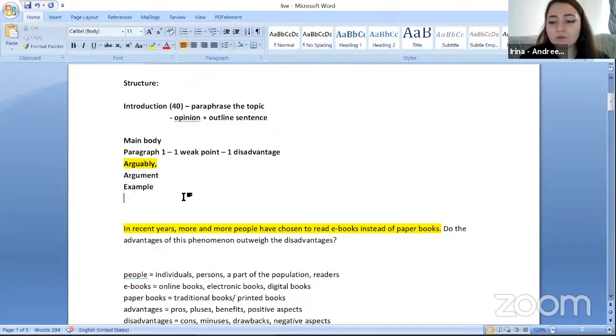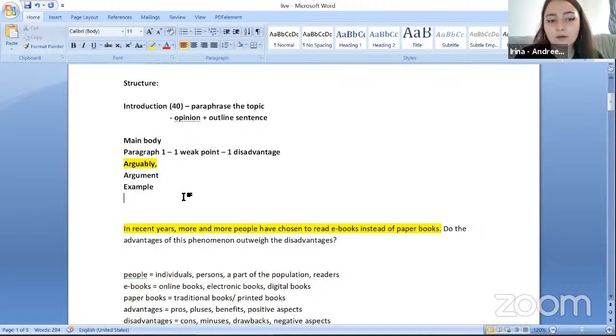As an example, what could we write here? It has to be some research. Let's invent something that makes our argument seem real and strong.